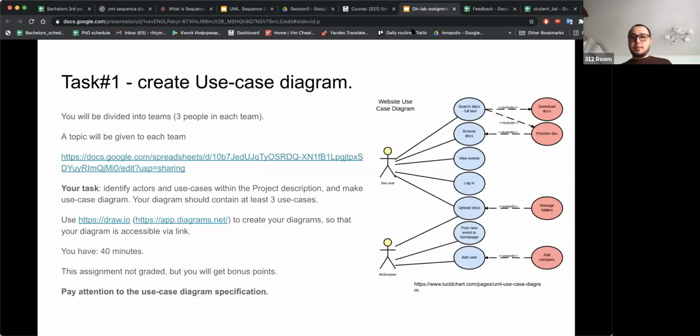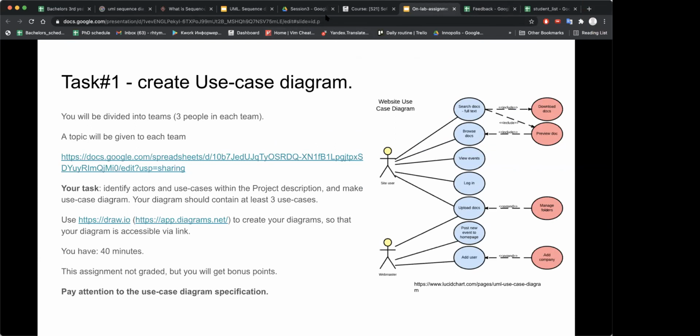Guys, I will divide you into groups. Download or open the spreadsheet and slides, and you have to start working. Any questions before we start?